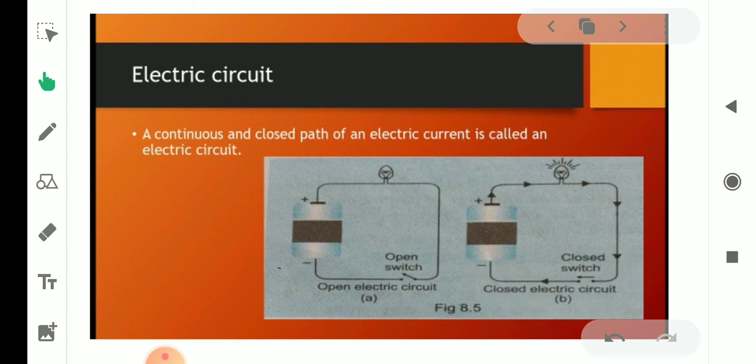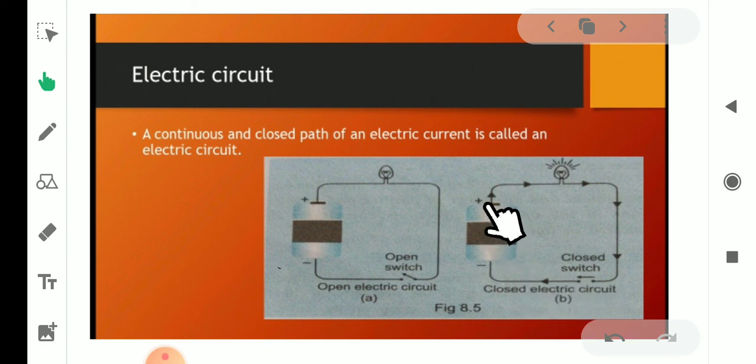So the bulb starts glowing because electric current is produced here, where the battery gives the potential difference. The potential difference is applied with the help of a battery. You can see the arrow mark here, which is denoting the flow of current.